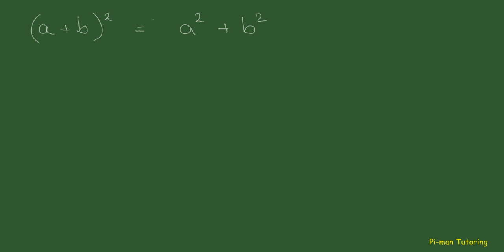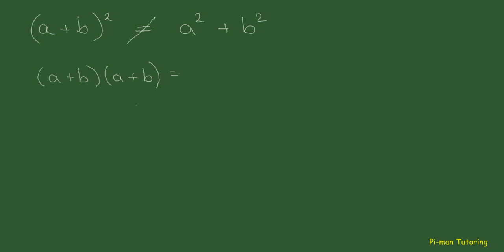And this is simply not true. If we apply the exponent correctly, when we're squaring something, that means multiply it by itself. So we must include all of the terms in the brackets.